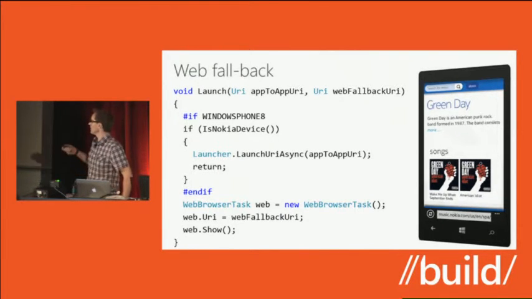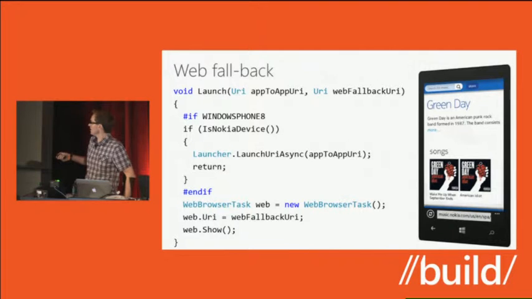So what we have here, and here's the exact code we're using. And again, these tasks work on Windows Phone 7 and 8, so that's why we've got this ifdef up here. So if we're being compiled for Windows Phone 8, and we detect it's a Nokia device, and that's just using the manufacturer, then we call the launcher URI.